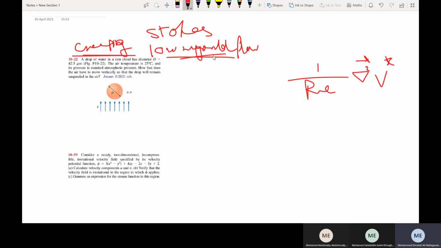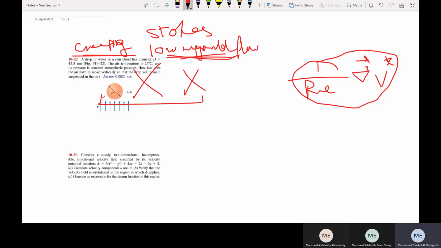And when Reynolds number is very low, let's say that it approaches 0, now this term will approach infinity. It is very large compared with the other terms, which are the inertial terms. So viscous terms are dominant with respect to the inertial. So you cancel the inertial terms, which are the first parts in the Navier-Stokes equation.